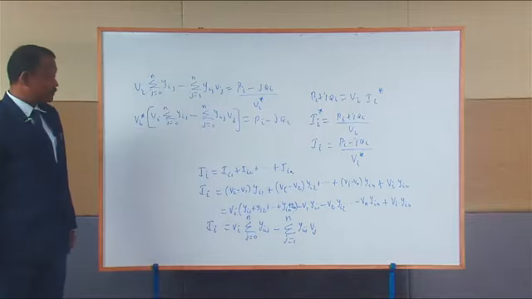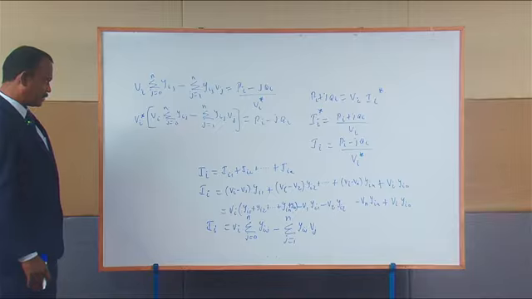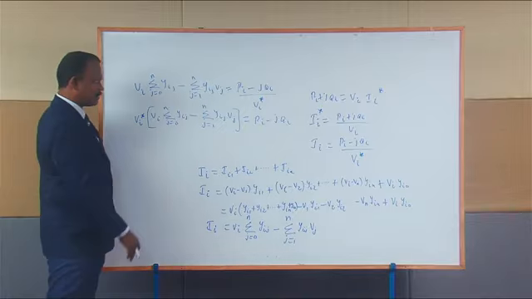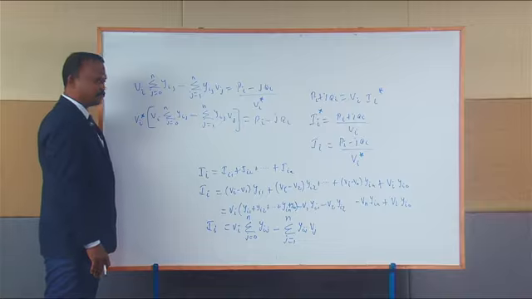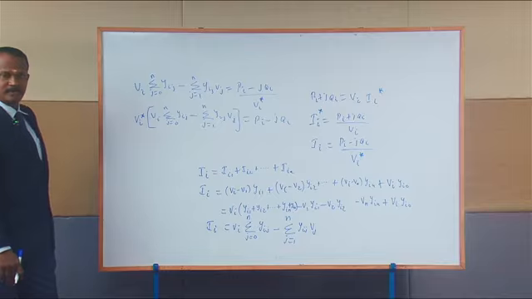Actually, our objective is to find the equation for the real power and reactive power. When you compare the real and the imaginary components of the left hand side and right hand side, you can find your real power and reactive power.